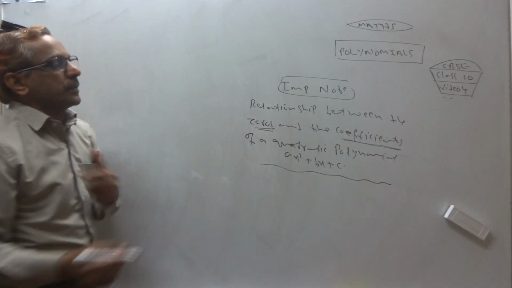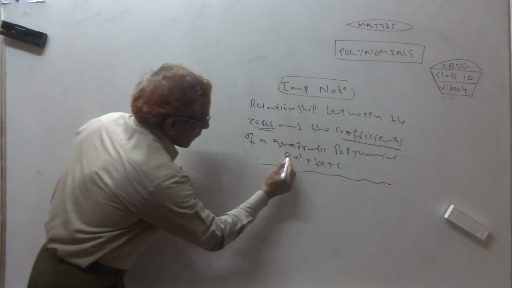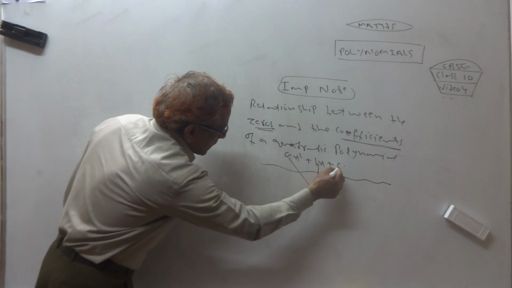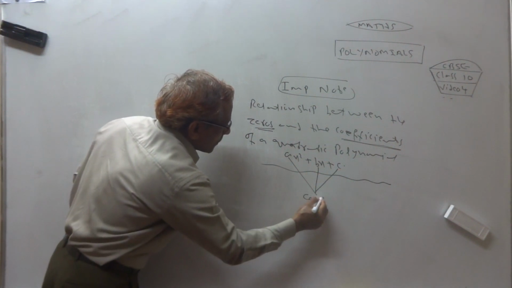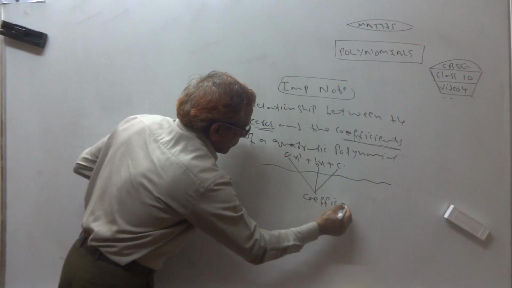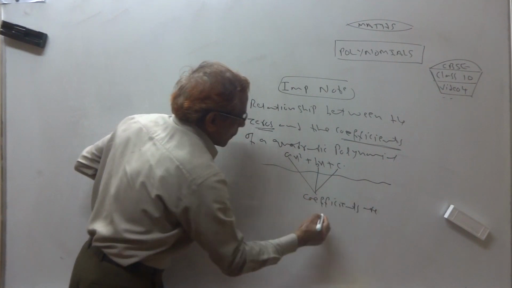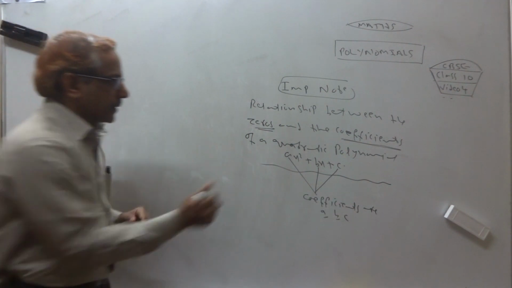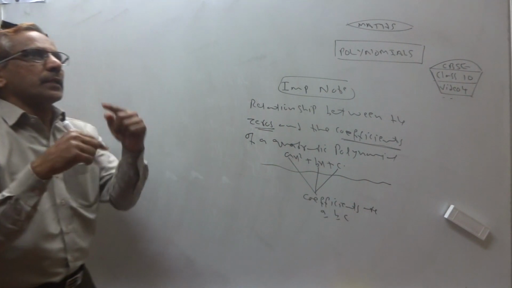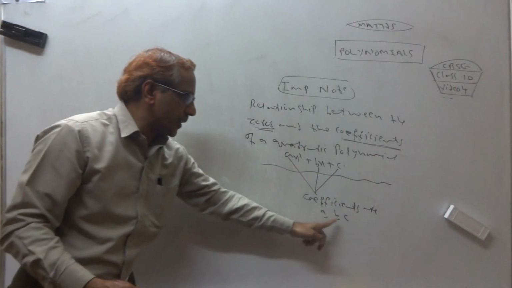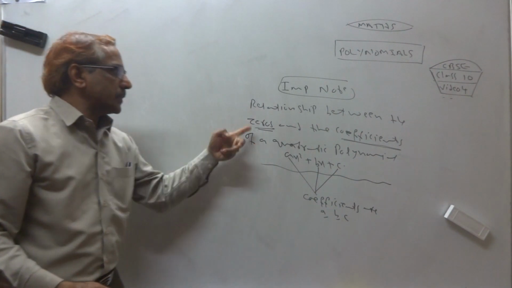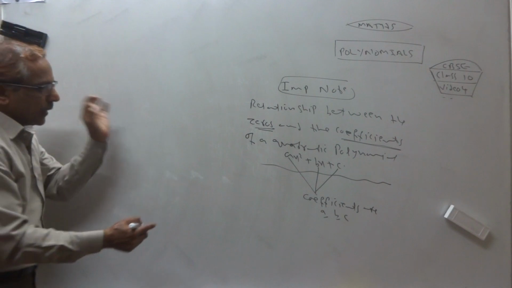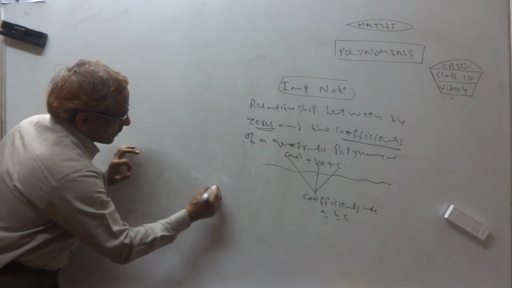See what coefficients are here, you know? a, b, c, these are called coefficients, please. Coefficients are just those numbers a, b, c. Then what is the relationship between these coefficients and zeros? Okay, so we have just two formulas.